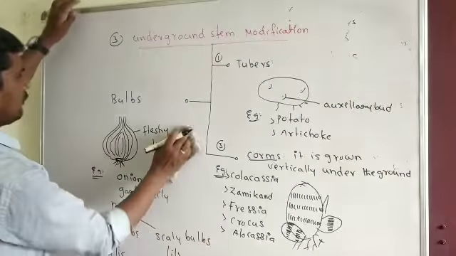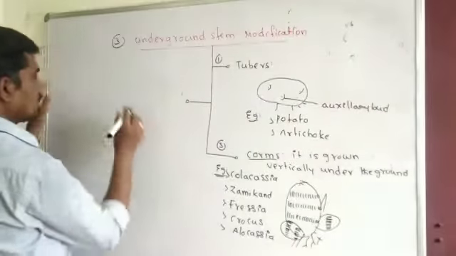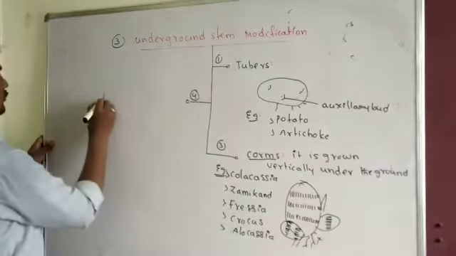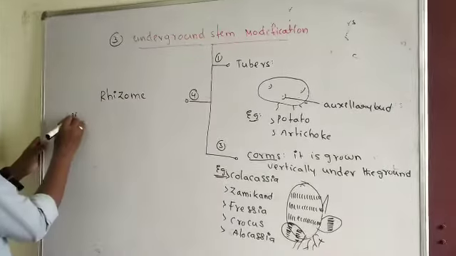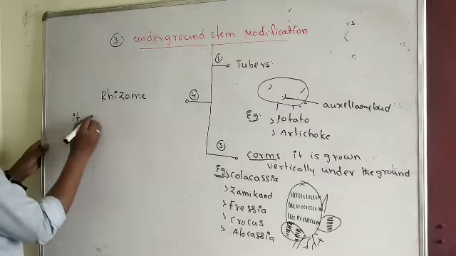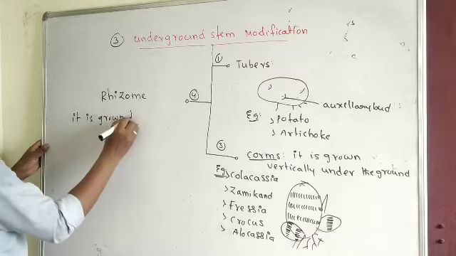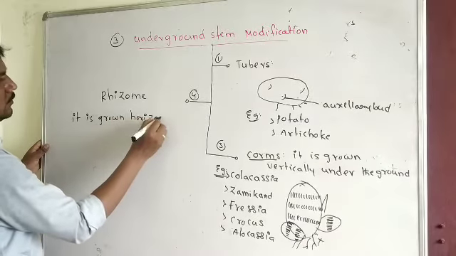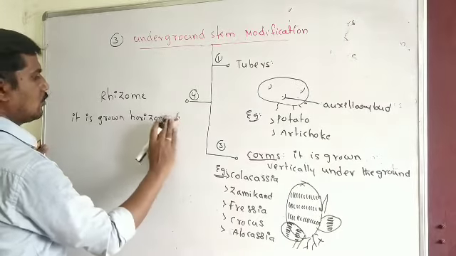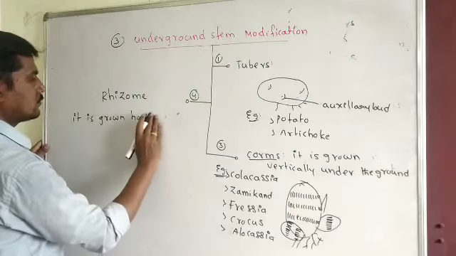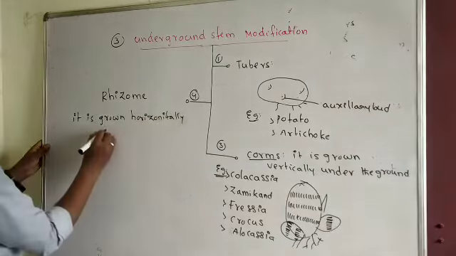The next one is very important. Next, the fourth one now, rhizomes. It is a modified form of the underground stem. It grows horizontally in the soil.